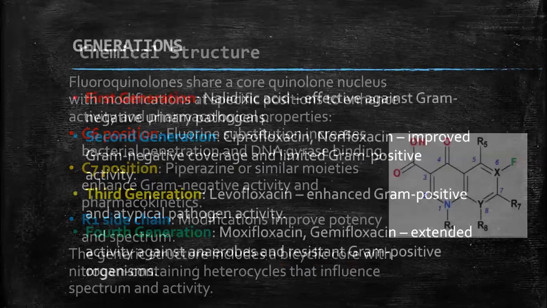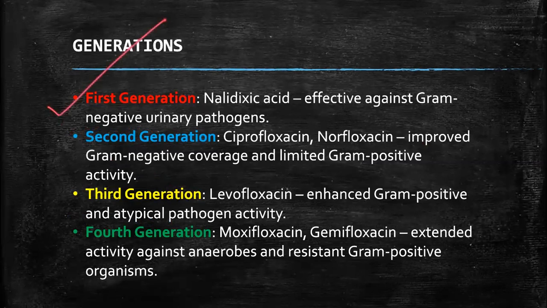Next, if we look at the generations: the first generation is nalidixic acid, which is a quinolone, and it is effectively good for gram-negative urinary pathogens. The next generation is ciprofloxacin and norfloxacin. It is good for gram-negative bacteria, but can also cover limited gram-positive bacteria.